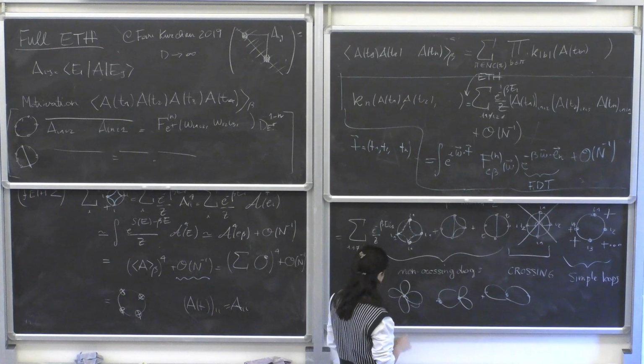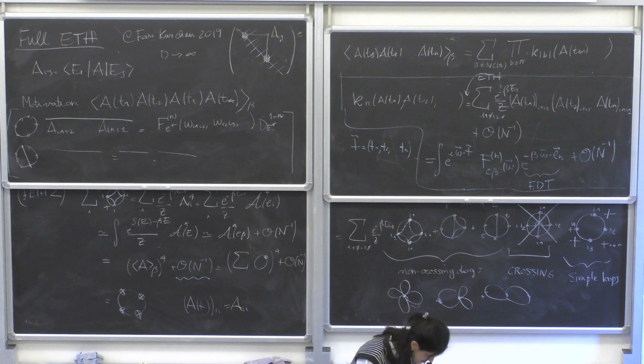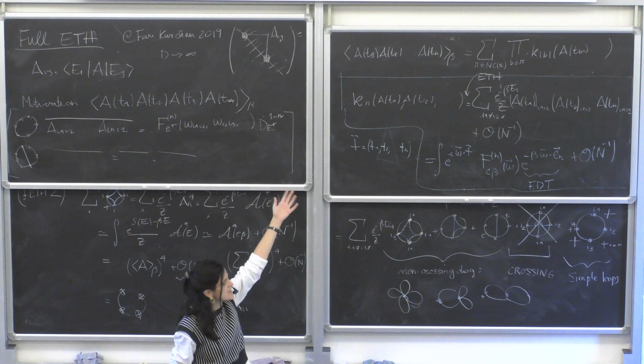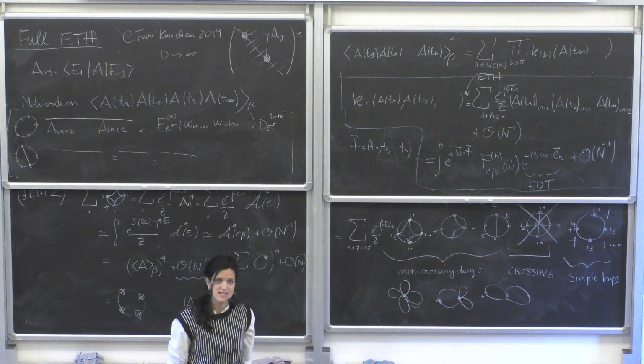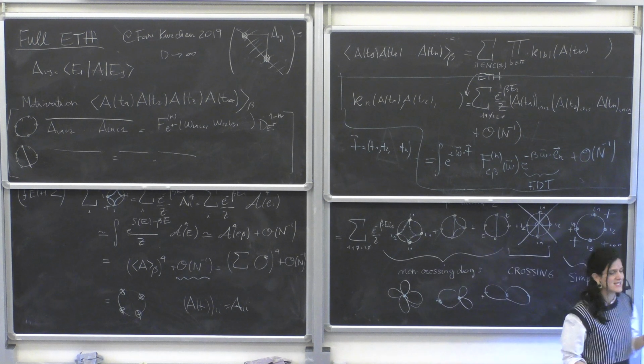Now, in these last 5 minutes, let me just, more chatting than writing, tell you how this relates to the question that we were discussing before of freeness. At this point, the matrices can also be the same.